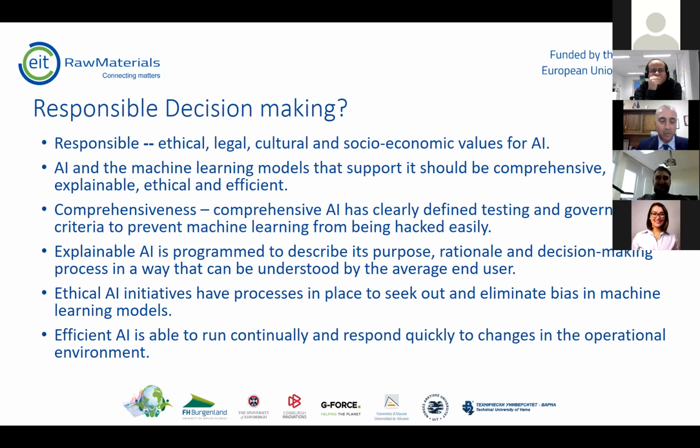So responsible decision-making should involve ethical, legal, cultural, and socio-economic values and incorporate them in the AI technology. And artificial intelligence and the machine learning methods that support it should be comprehensive, explainable, ethical, and efficient.